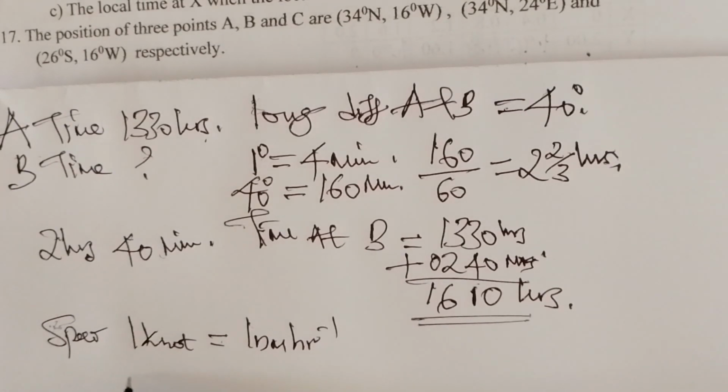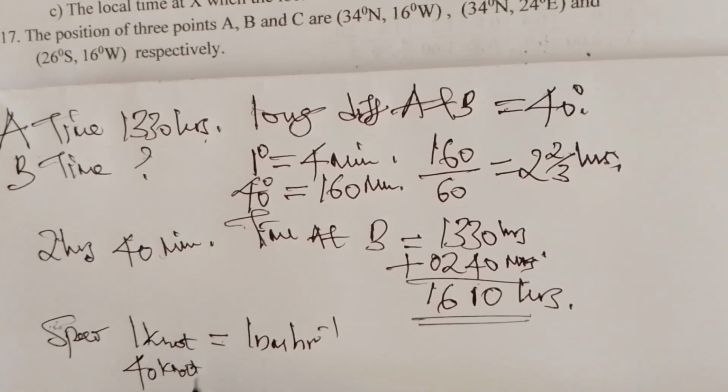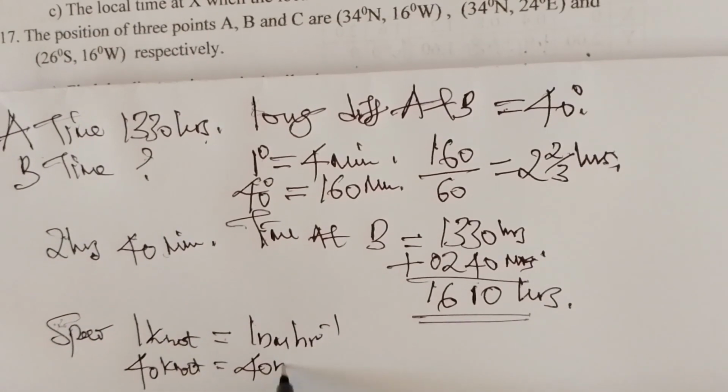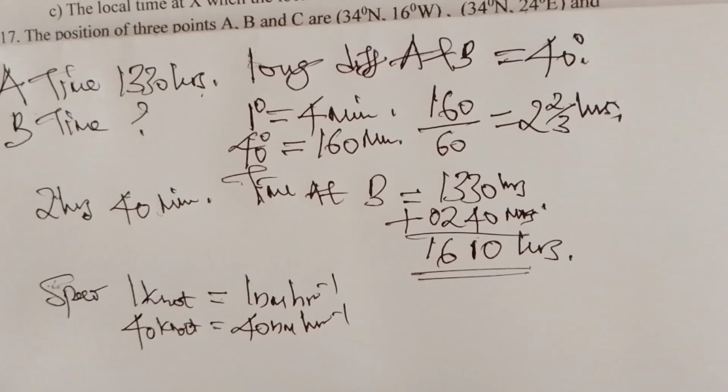So 40 knots means a speed of 40 nautical miles per hour.